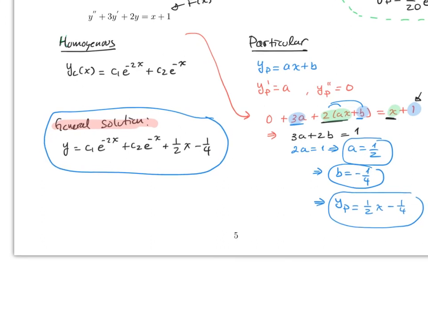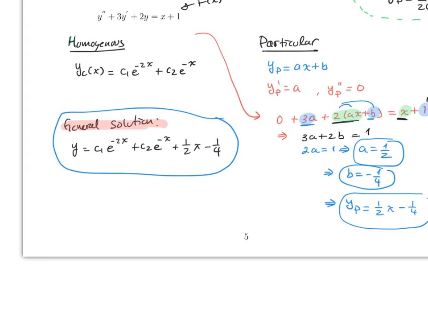Now, I told you that this is easy, but it can get very, very annoying. And this is what I mean by very, very annoying. Okay. So let me make a note here. Let's say that the equation looked like this instead.